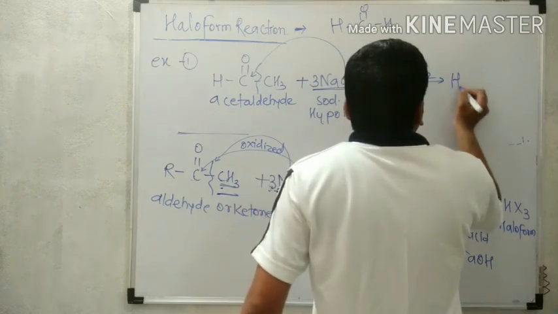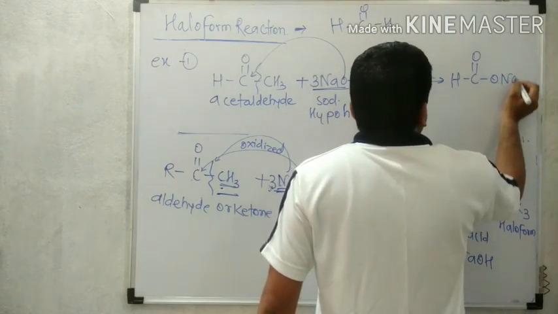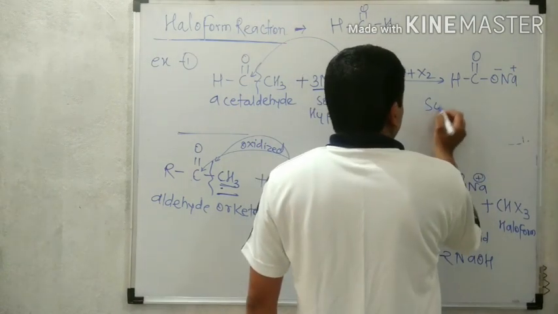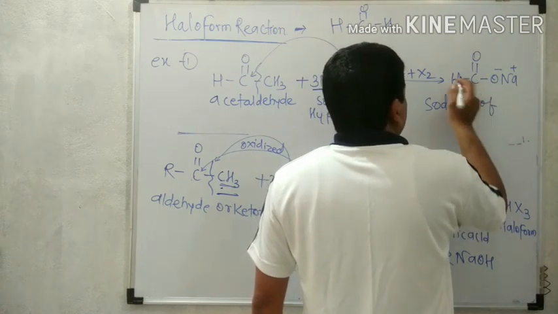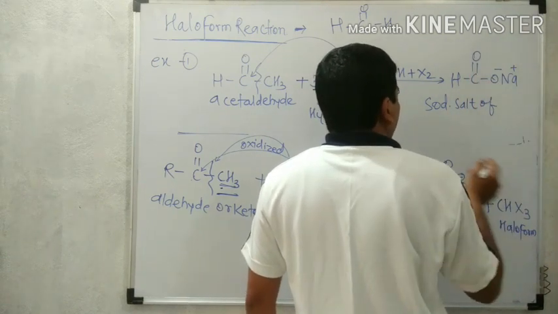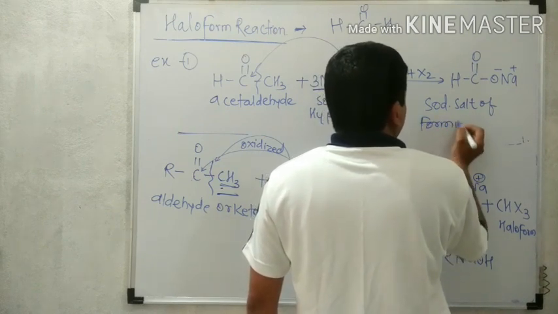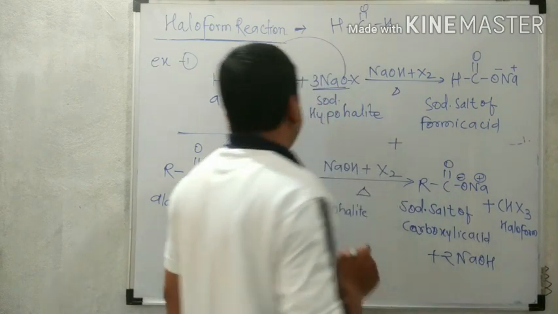So here we obtain HCOONa. This is the sodium salt of HCOOH, formic acid. Therefore, it is the sodium salt of which carboxylic acid? Formic acid.